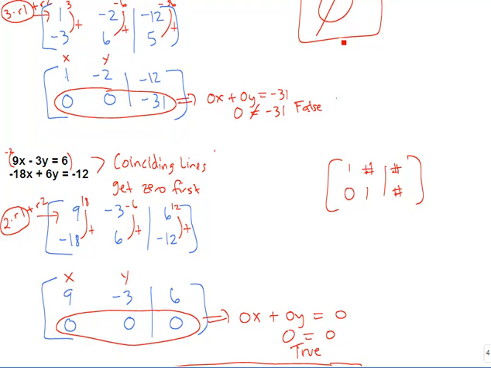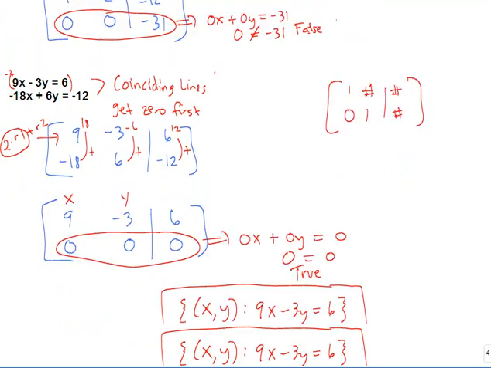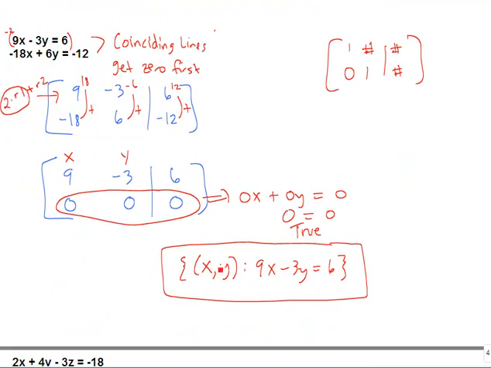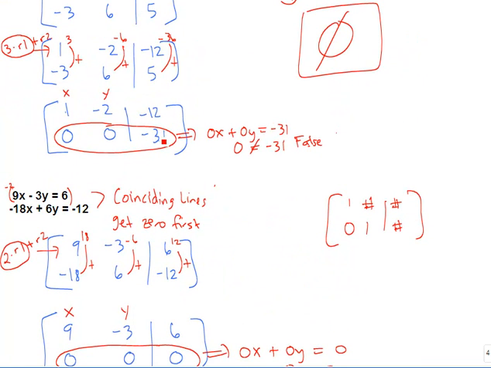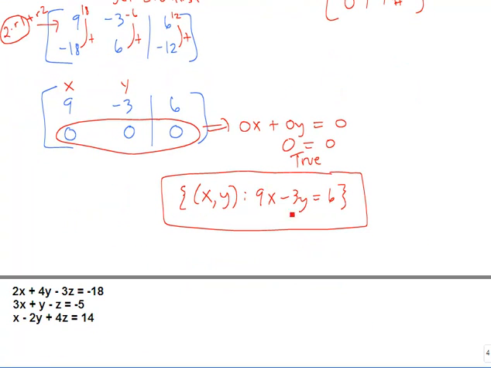In the coinciding lines case, you get 0, 0, and then also a 0 on the right side of the bar, and in that example, your solution is the equation of the line. So if you get zeros across the bottom, you need to see if you get a 0 on the right side or a non-zero on the right side to determine whether it's no solution or the whole line. Okay, so those are your two special cases to be on the lookout for. Look for those 0 rows.